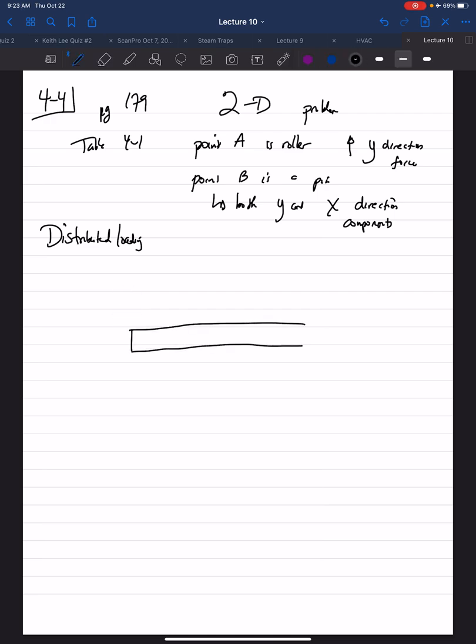Show the beam. We said A is a roller. We'll model that as normal force, which is perpendicular. Then the pin at B, both X and Y components. Then the loading.